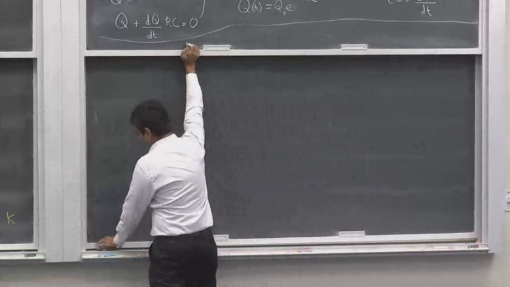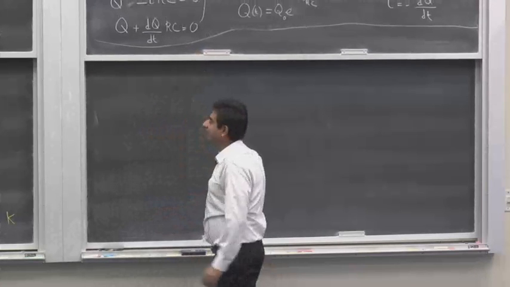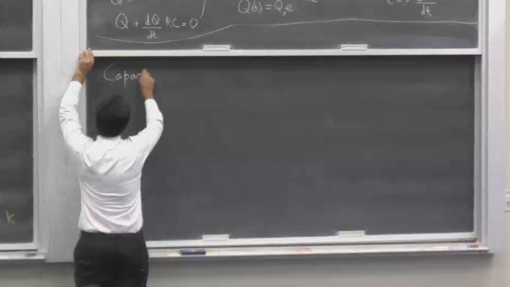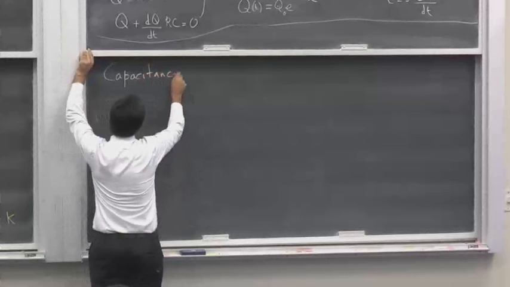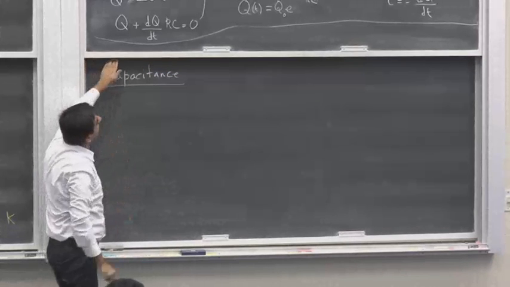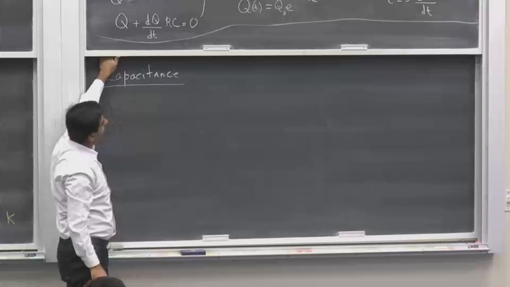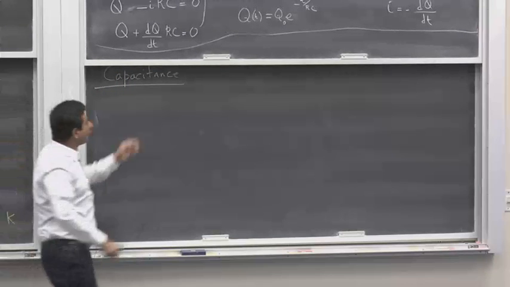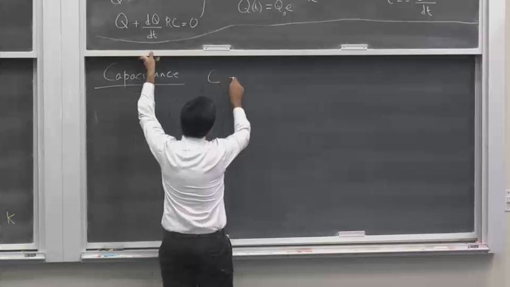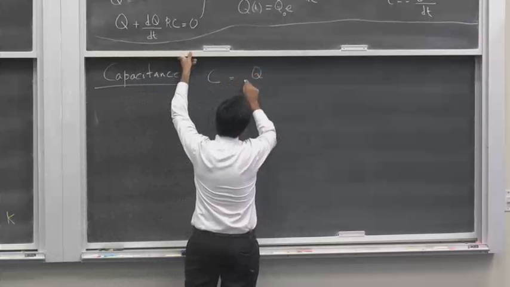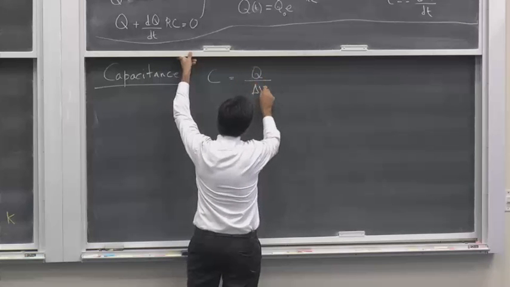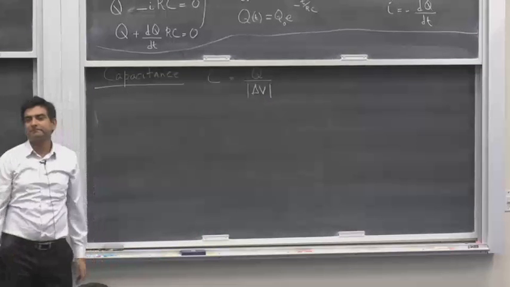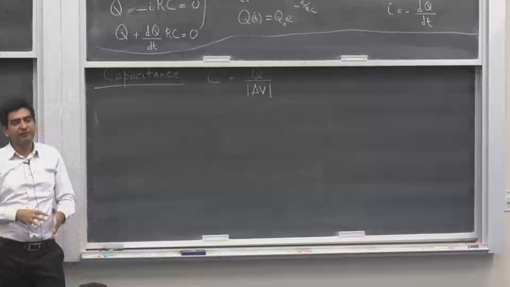Now what I would like to talk about in the last 15 minutes is the concept of capacitance itself. Capacitance, as I've already defined, is the amount of charge that can be stored inside a capacitor per unit voltage difference across the plates.